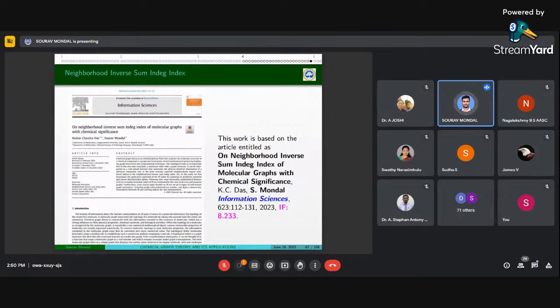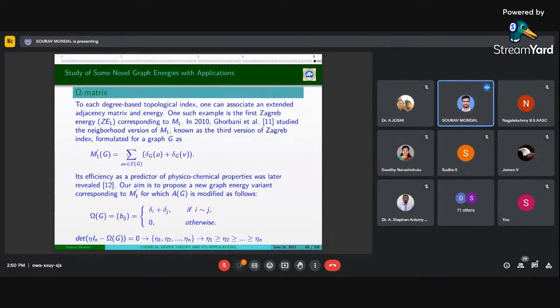A graph energy variant corresponding to the third version of the Zagreb index, which is formulated as the summation of (δ_G(u) + δ_G(v)), where the summation runs over the edge set, is proposed here, for which the usual adjacency matrix is modified as Ω(G) = [ω_ij], where ω_ij is δ_i plus δ_j if there is an edge connection and 0 otherwise.